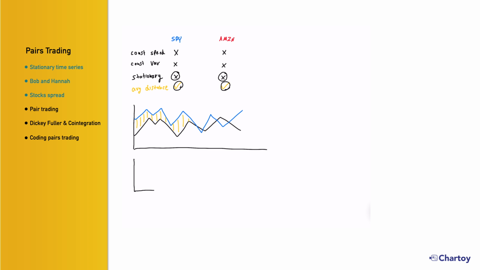So looking at the spread, which is SPY minus AMZN, we look at the difference between them instead of looking at each individual share. We can see that the average is constant or close to constant, and the variance is also close to constant. And as we showed, this spread will be stationary.